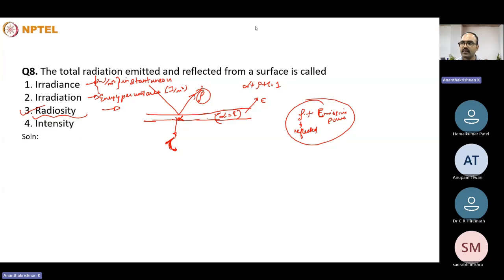And the last one, intensity, of any quantity could be energy or anything. It could be represented as watt per meter squared. It can be any quantity. It can be solar radiation, and it can be any other radiation as well.